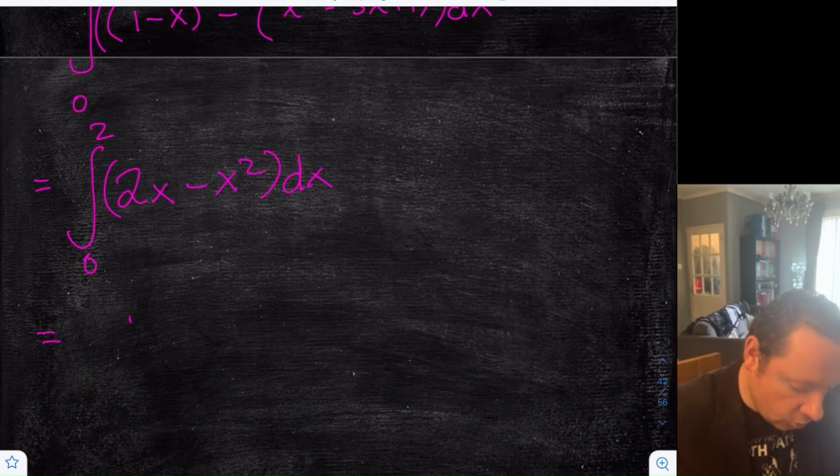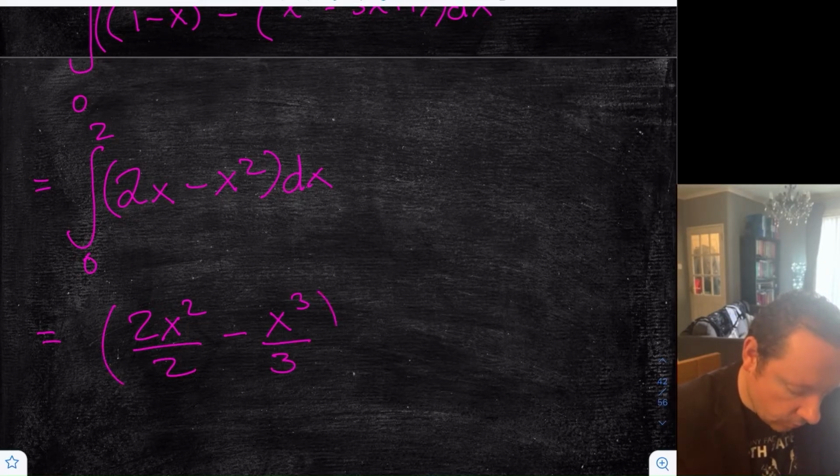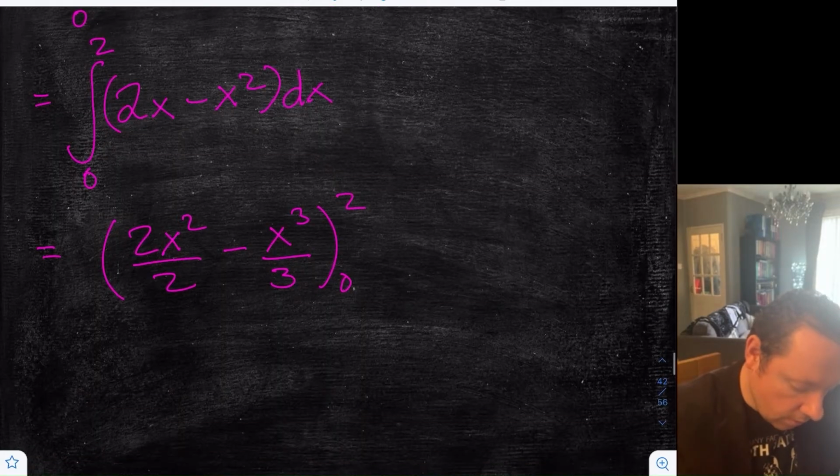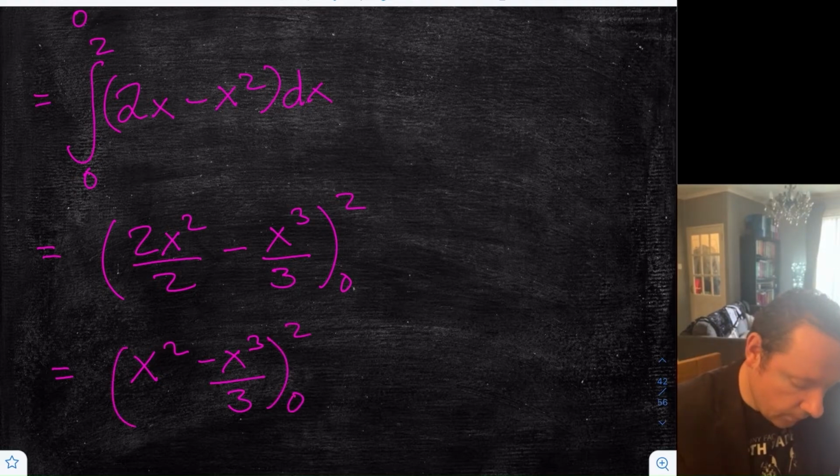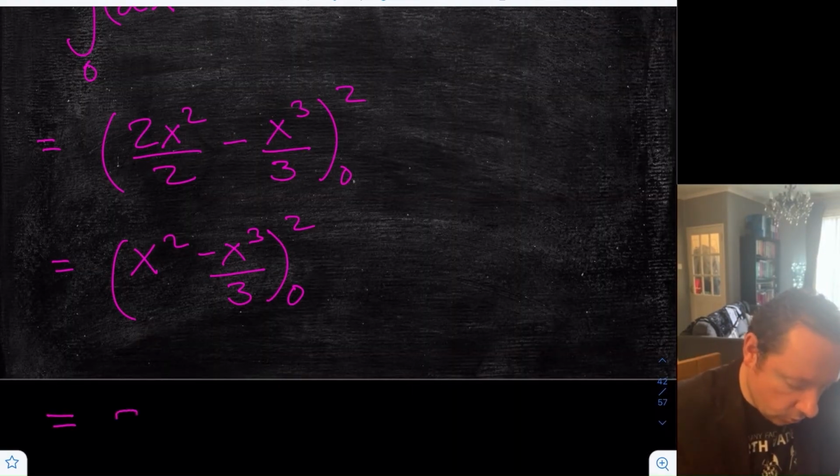So that gives you 2x squared over 2 minus x cubed over 3. Between 0 and 2, that gives you x squared minus x cubed over 3. Between 0 and 2. So substituting 0 in, and 2 in, we get 2 squared minus 2 cubed over 3.